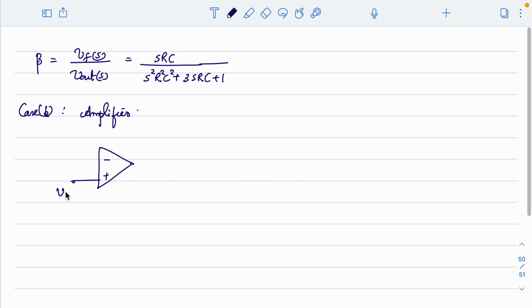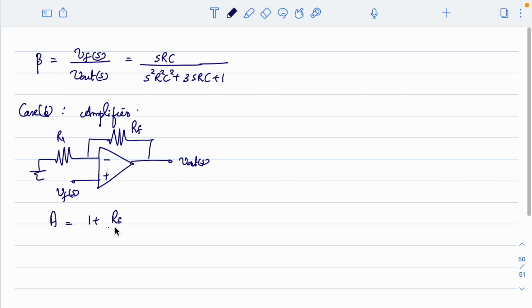At plus you have an input which is VF of S. Then there is a series feedback resistance and input resistance. This is V out of S. This is RF, this is R1. Now this will give you the gain. Gain can be written as 1 plus RF by R1. What is this gain? Gain is V out of S divided by VF of S, considering VF as the feedback voltage.